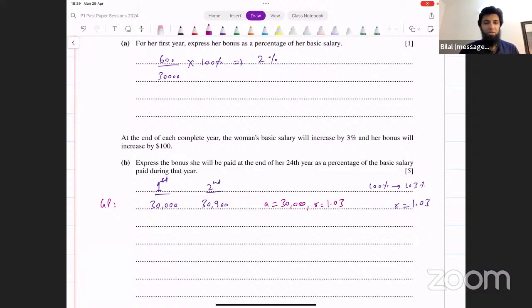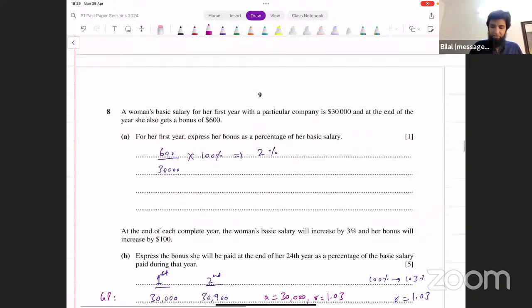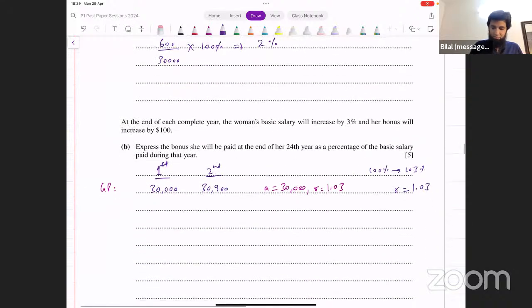And then what about the bonus? The bonus in the first year is $600, and in the second year, it increases by $100, so it becomes $700. It's increasing by a fixed amount. That's an arithmetic progression because the difference remains constant.